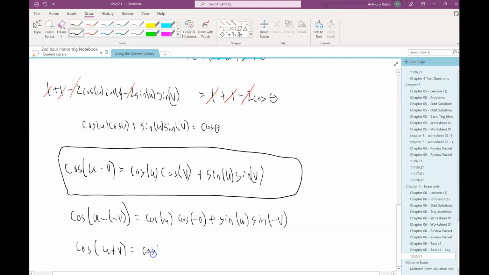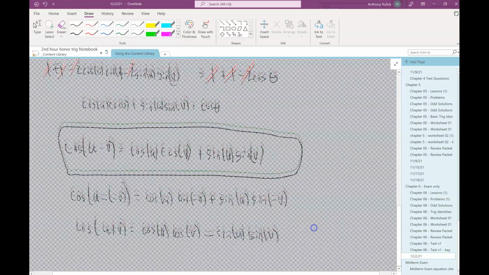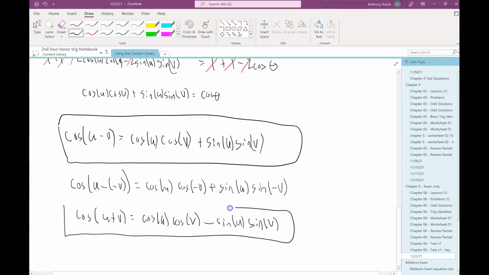Cosine of a negative, if I look at my odd-even identities, is just cosine. But sine of a negative makes negative sine, so I'll move that negative out front since everything is just being multiplied there. And this is my angle sum for cosine, as we saw on the previous page.